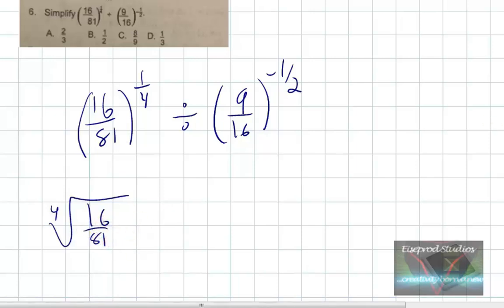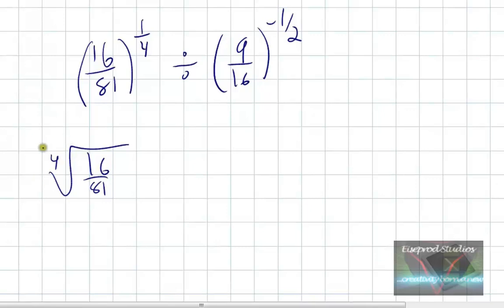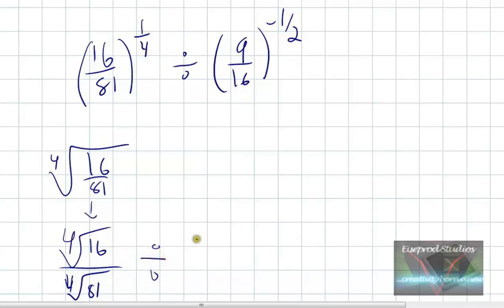But remember that when you take something like this inside of a radical, you can split it up so that it'll be the fourth root of 16 over the fourth root of 81. So this goes to this. So here we have this part, and then it's going to be divided by, to the negative 1/2 power would mean to take the square root of each of these and then flip it, because it's to the negative.